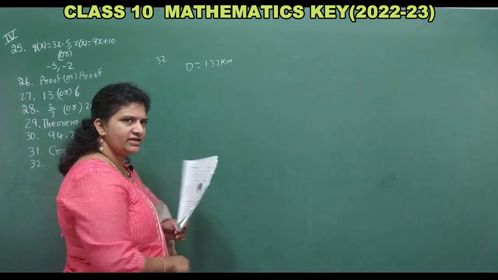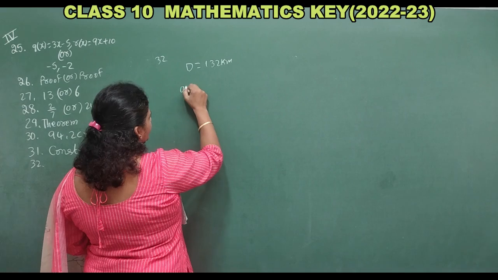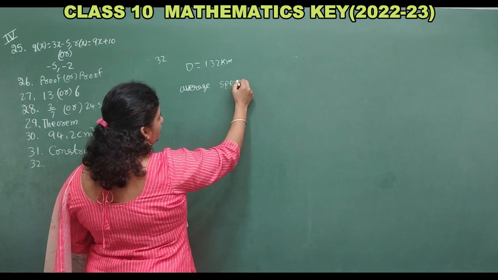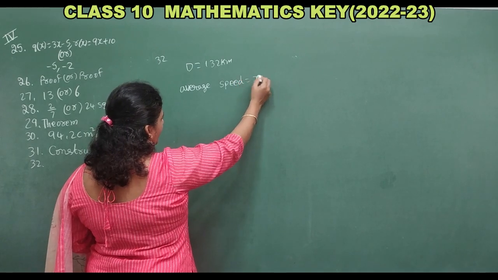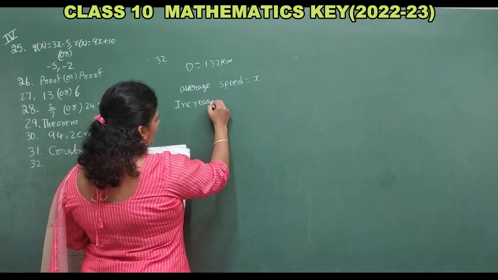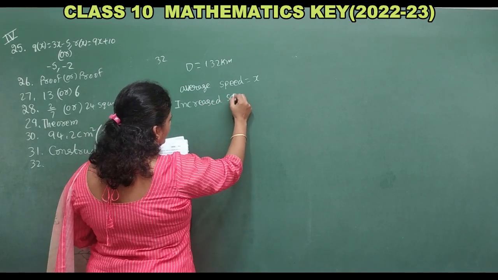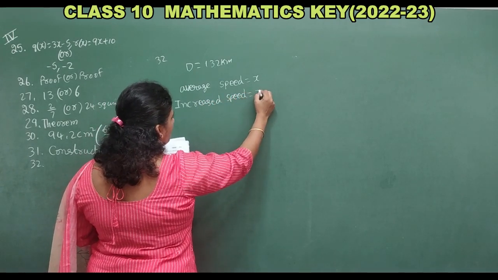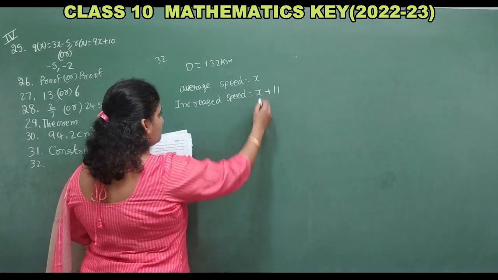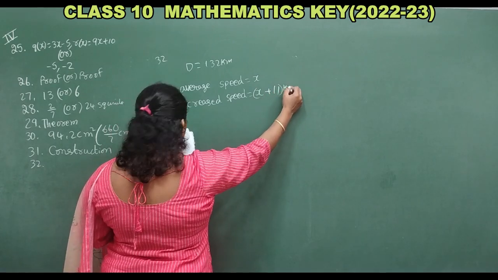First, what is the average speed here? The average speed increases, as told. So let the average speed be x. Increased speed is equal to how much increase? By 11 kilometers. That means x plus 11 kilometers per hour.